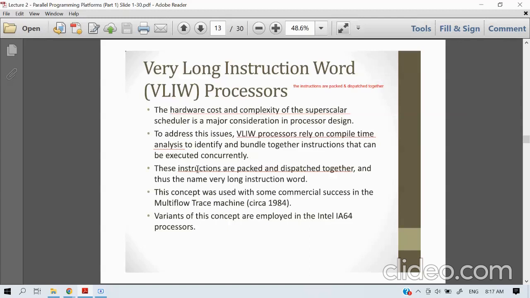These instructions are packed and dispatched together, and thus the name very long instruction word. Why? Because it packs so many instructions together and executes them at one time. This concept was used with some commercial success in the Multiflow Trace machine, circa 1984. Variants of this concept are employed in the Intel IA-64 processor.